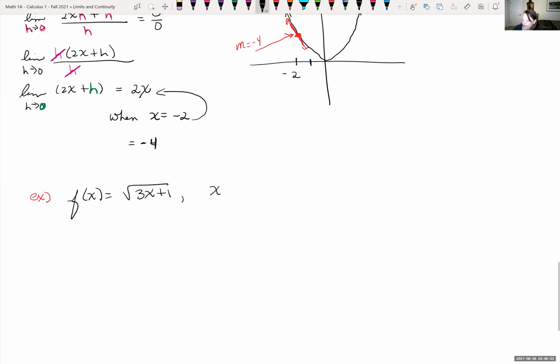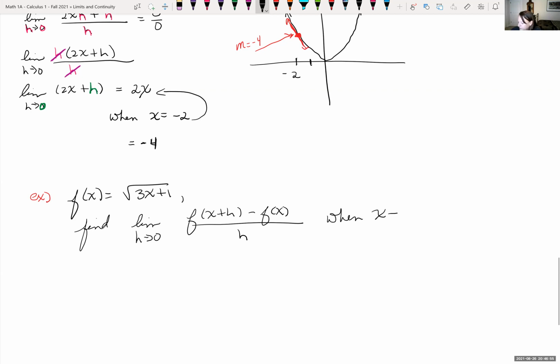And we want to find the limit as h goes to 0 of f of x plus h minus f of x all over h, when x equals 0.